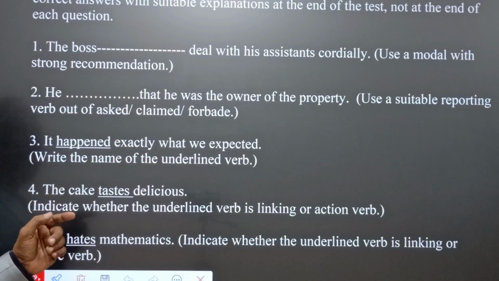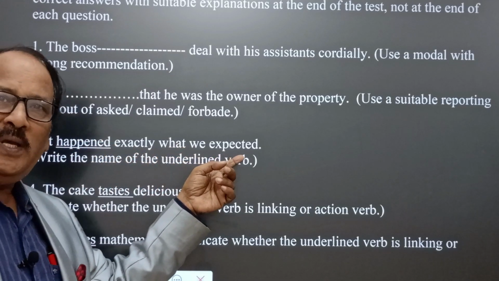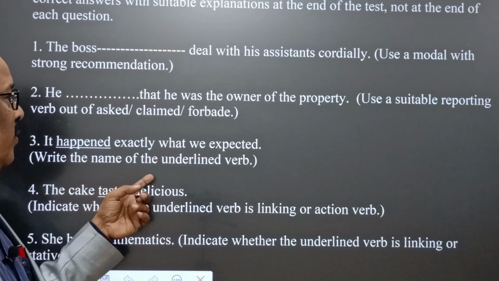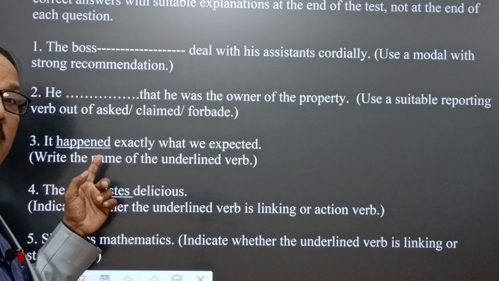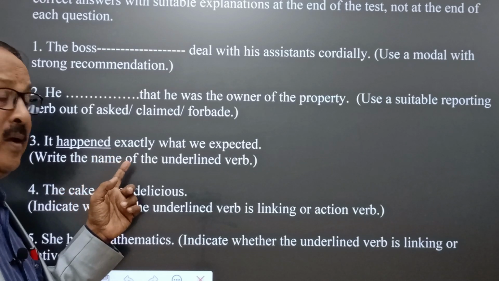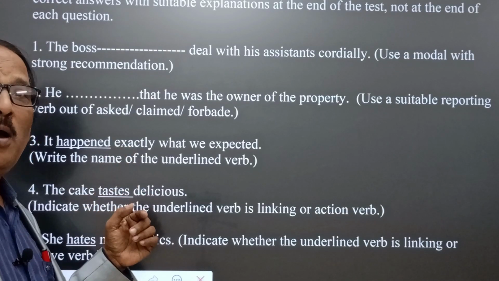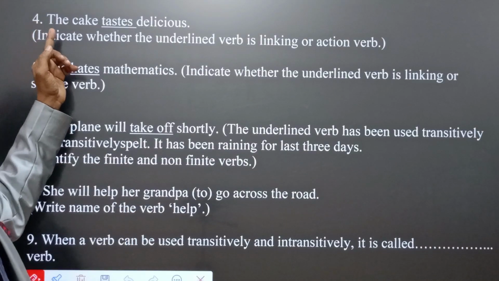Question number 3. It happened exactly as we expected. The instruction is to write the name of the underlined verb. Here the underlined verb is happened, and it is your duty to write the name of this verb out of 12 verbs. Question number 4.